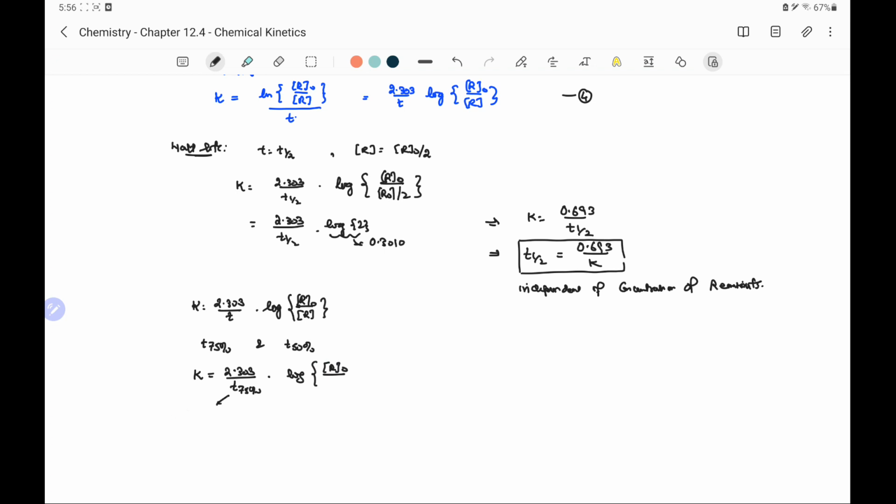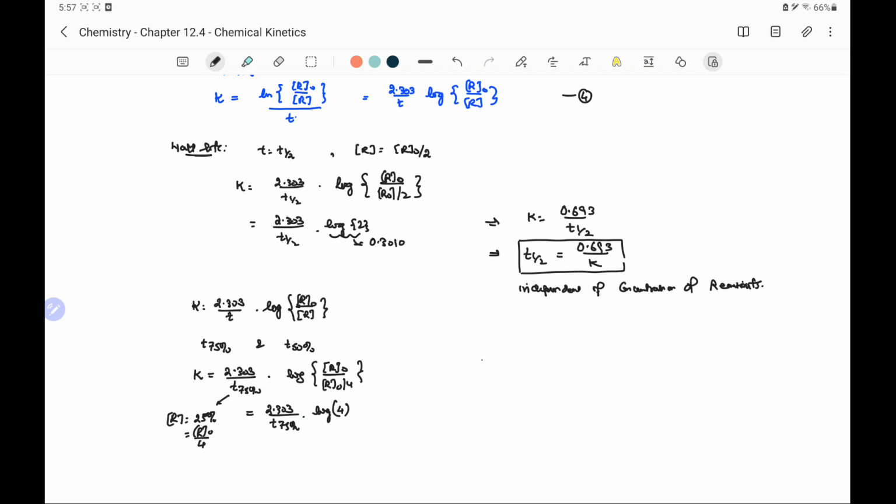For 75% disappearance, the remaining concentration will be 25%, that is R0 by 4. So we replace it here with R0 by 4. Therefore, k will be equal to 2.303 by t75% into log 4.